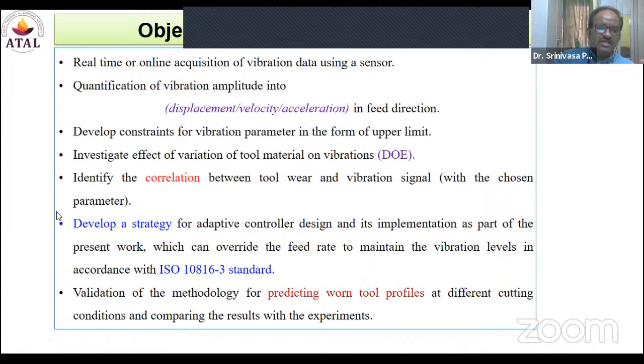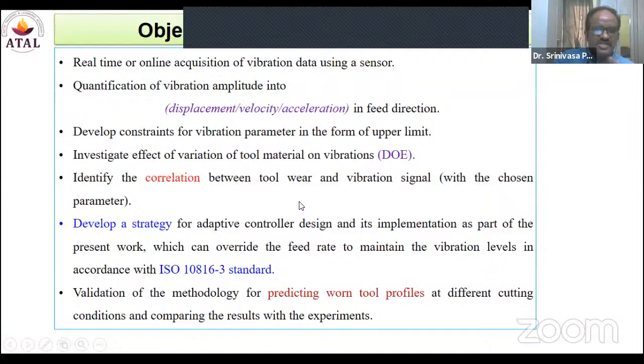Then this particular experiment must be designed according to the design of experiments, DOE. You can use Minitab software for designing the experiments. Then, having quantified the vibration parameter, try to relate it with the judging parameter of the cutting tool, that is tool wear.